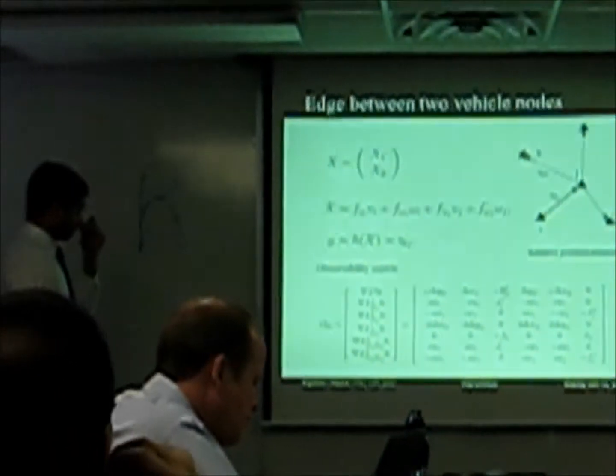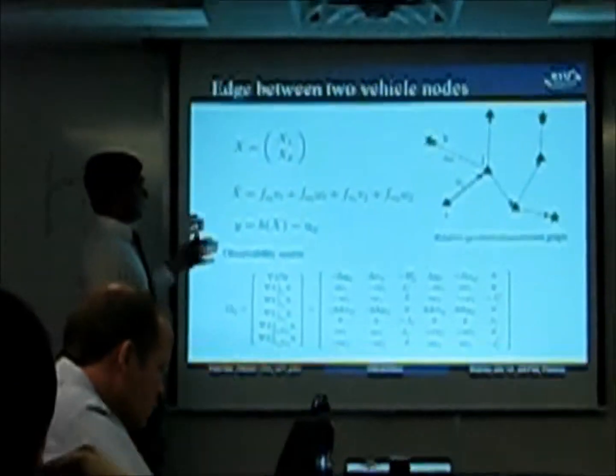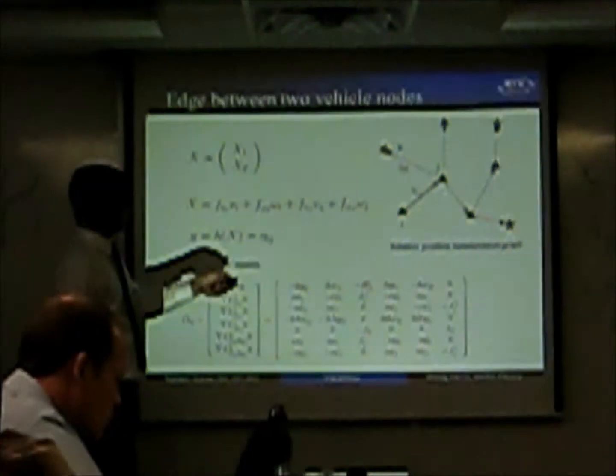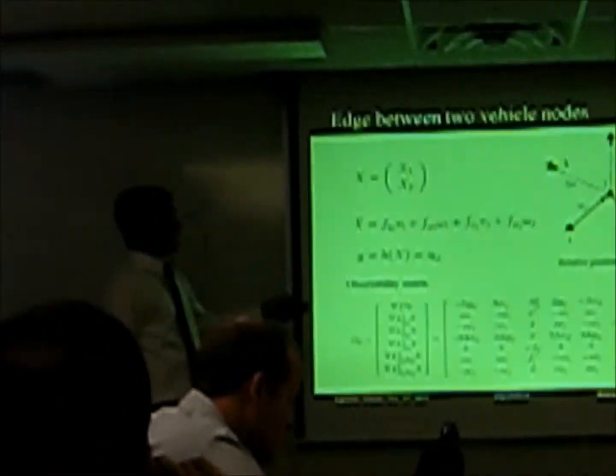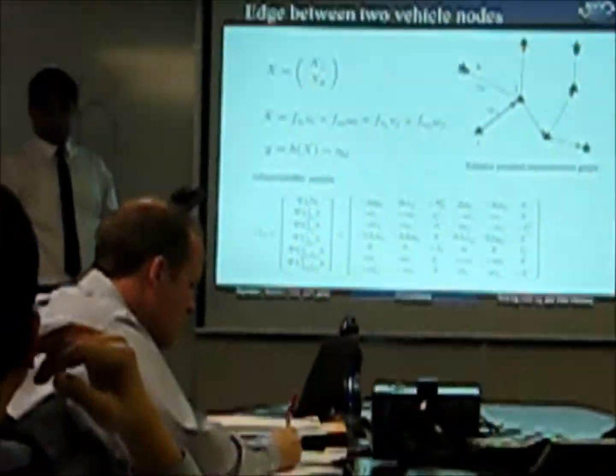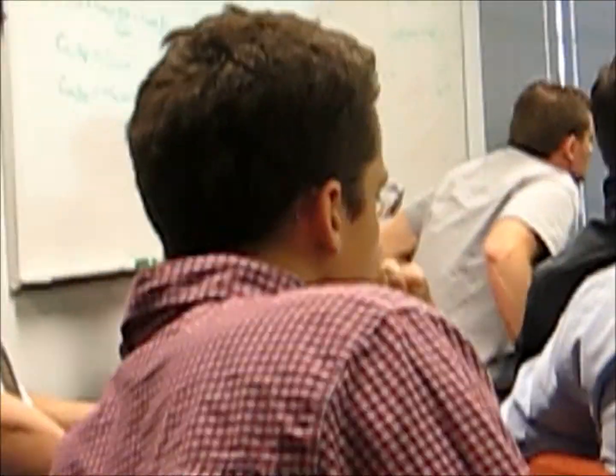So what I do is we divide this problem into subparts. The whole thing will be to find how many linearly independent rows a particular edge contributes to the observability matrix. We start with an edge between two vehicles, and this is the joint state for two systems.